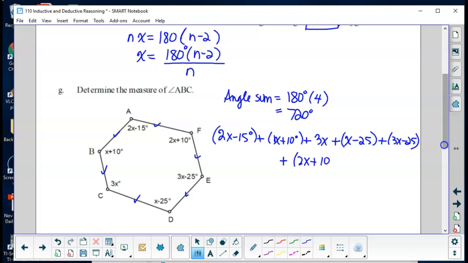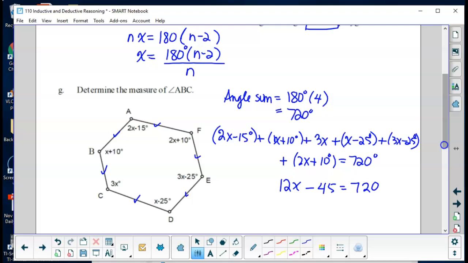If you want to keep the degree symbols in there, you can, or you can leave them out. So then collect like terms: 2x plus 1 is 3x, 6x, 7x, 10x, 12x, plus negative 15, plus 10, negative 5, negative 30, negative 55, negative 45, so subtract 45. You might want to just leave the degree symbols off right now.